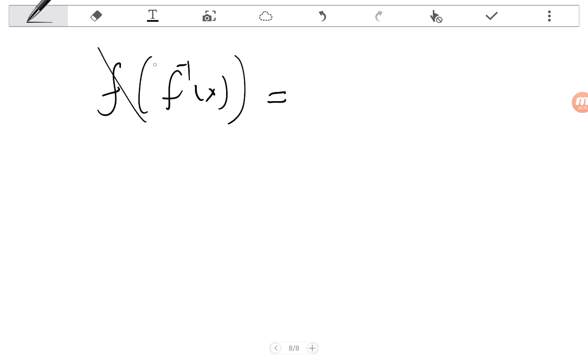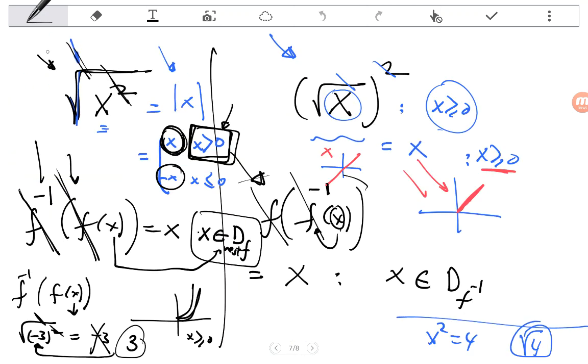So as a summary, if I have f inverse of x, these would cancel each other, but x must be inside the domain of f inverse. Just keep as a model example in your mind the root of x squared and the root of x all squared, for whatever functions we will study afterwards.